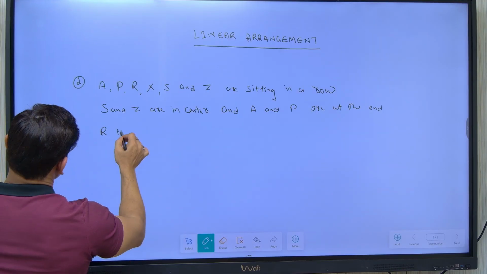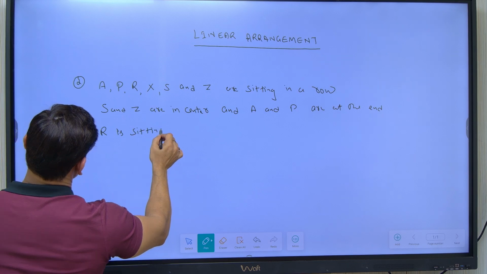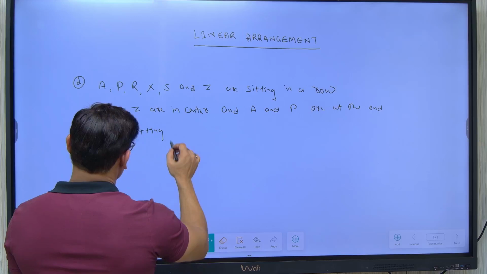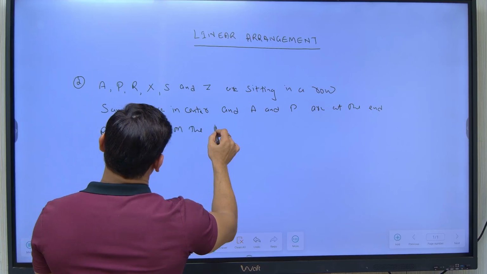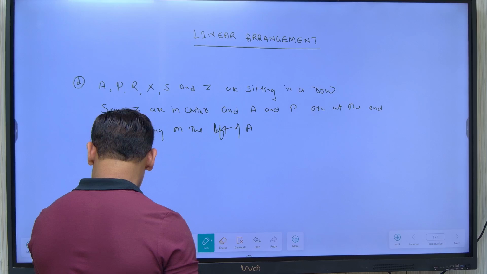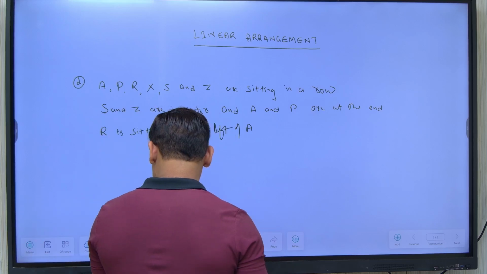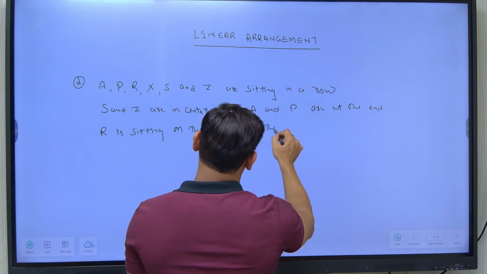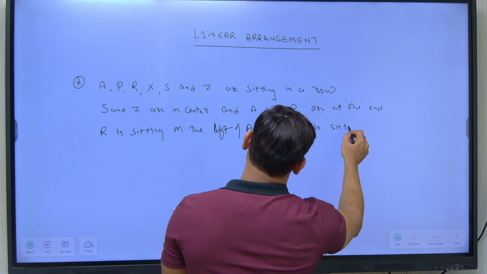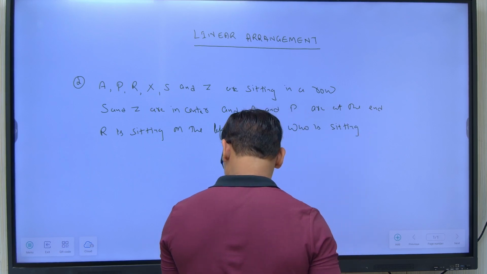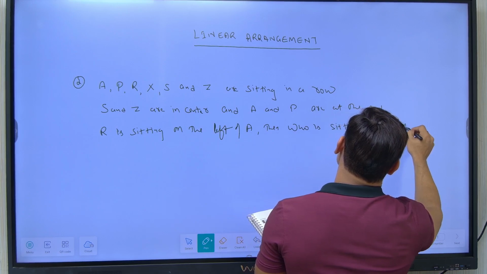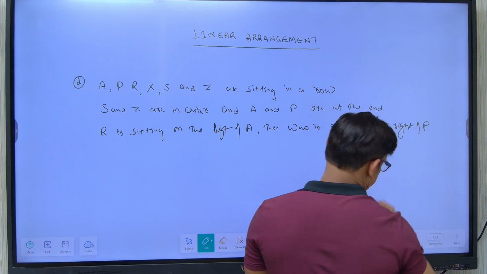R is sitting on the left of A. R is sitting on the left of A. Then who is sitting on the right of P?